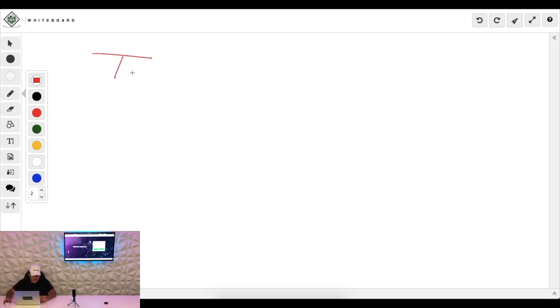So in this example, the tourist has $1,000, and he wants to exchange to GBP, which is British pound.